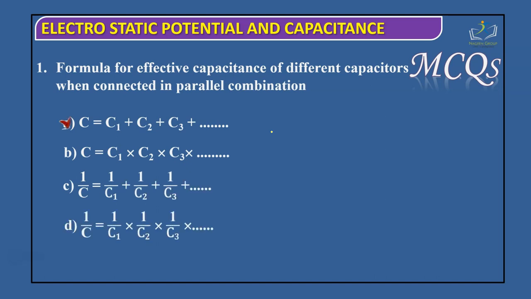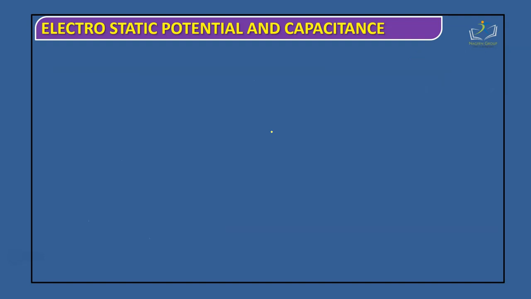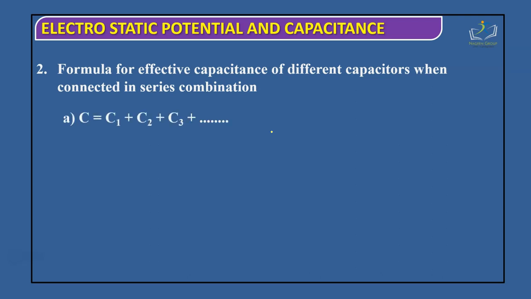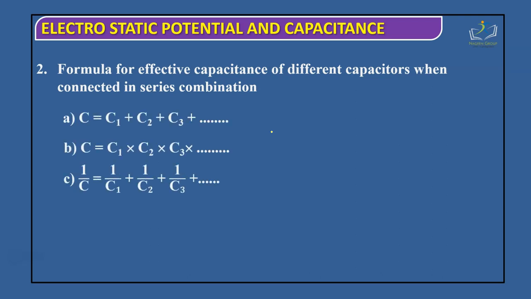The correct answer for this question is option A. Second, formula for effective capacitance of different capacitors when they are connected in series combination. We know that if different capacitors are connected in series combination, the formula will be 1 by C is equal to 1 by C1 plus 1 by C2 plus 1 by C3.